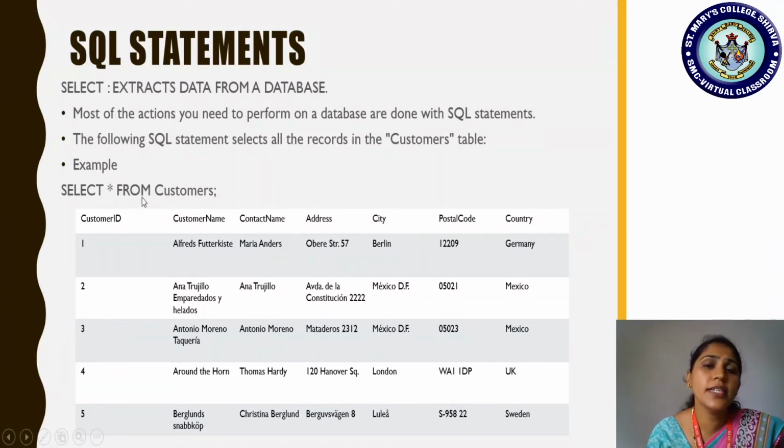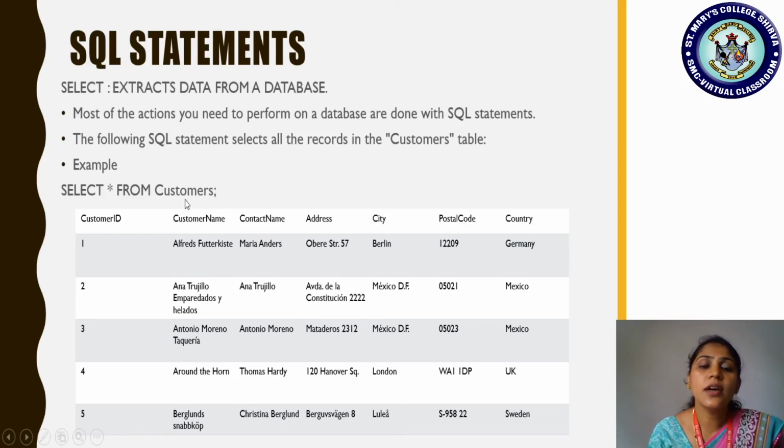Can you guess the syntax here? Select, asterisk, from. These are keywords, and the last piece of information is the table name. From which table do you want to view all the data? Select star from customers means select all the data from the customers table.